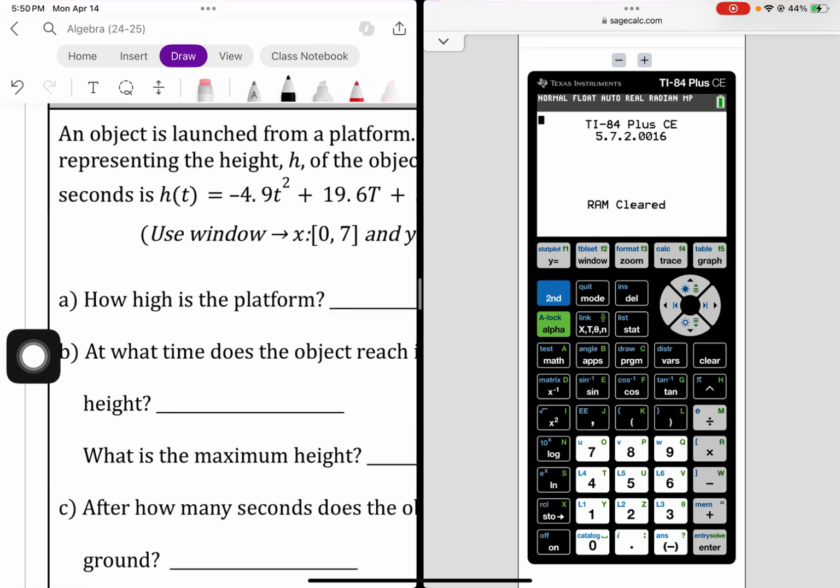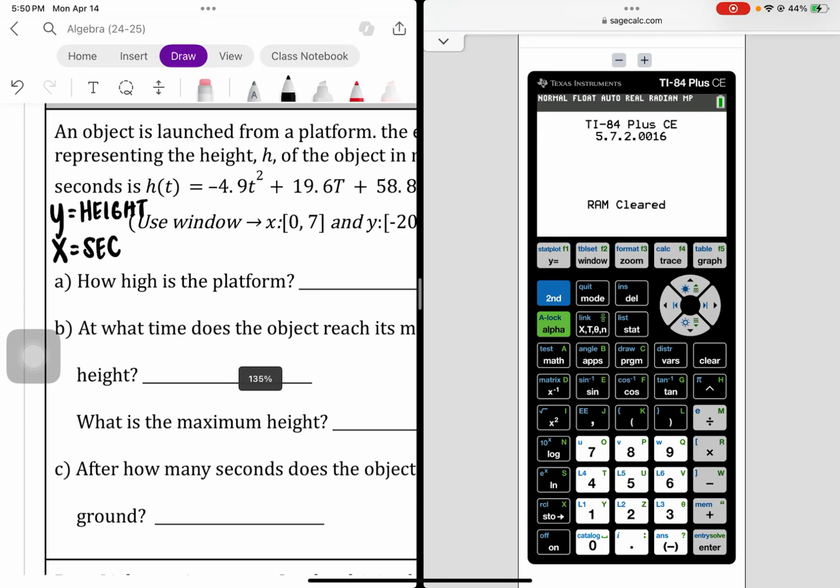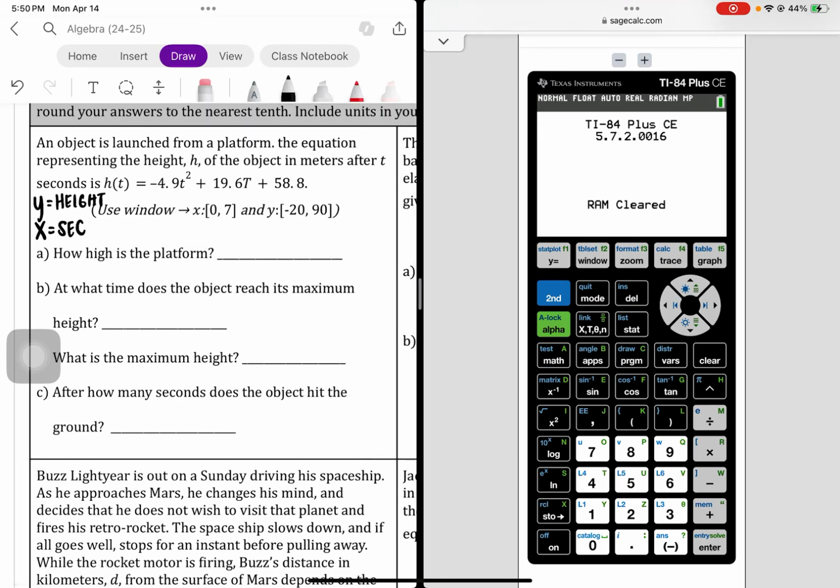So we're going to say that y is our height, and our x value is seconds, when we're talking about the x-axis and the y-axis. This is important information to pull out of your problem, because if you don't know what your x and y axis represent, you're not going to be able to answer any of the questions.